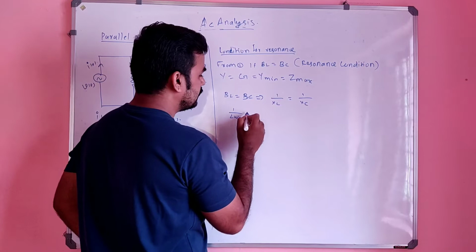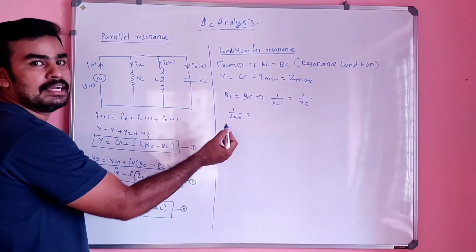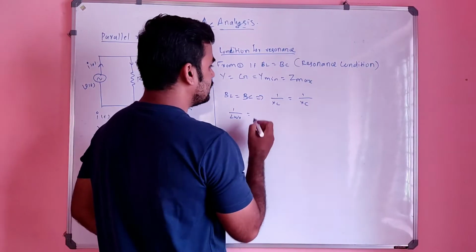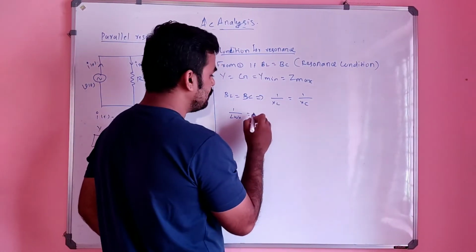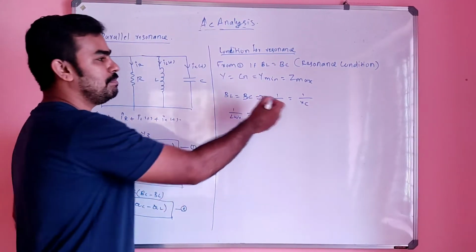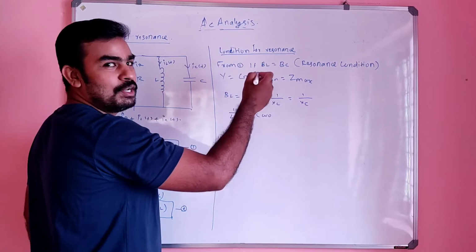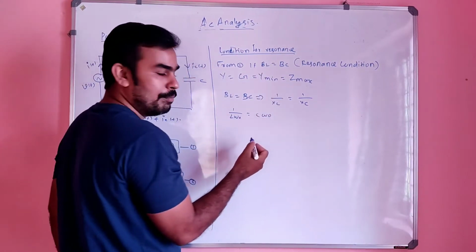For finding a particular frequency at resonant condition, let it be omega 0. So L into omega 0 equals 1 by XC, which is nothing but C omega 0, right? 1 by XC means C omega 0.